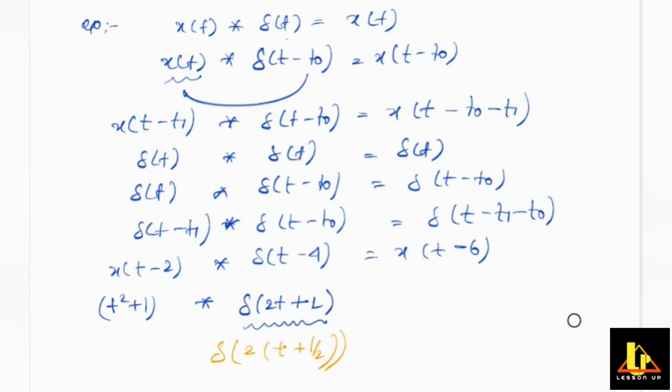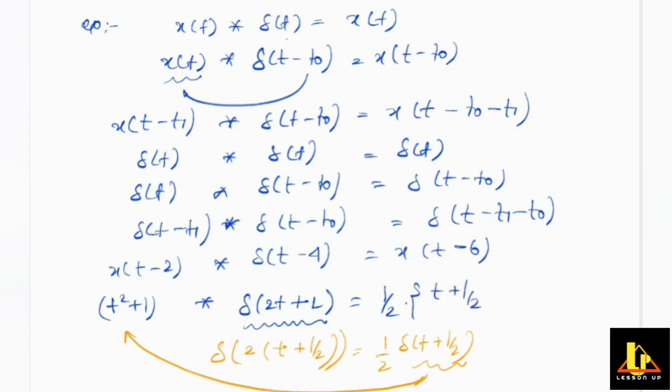So this can be written as 1 by 2 into delta t plus 1 by 2. Now we have to put this t plus 1 by 2 in t square plus 1. So what will we get? This 1 by 2 into t plus 1 by 2 whole square plus 1.